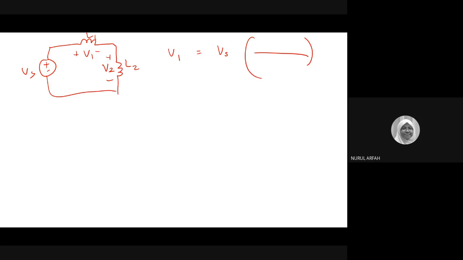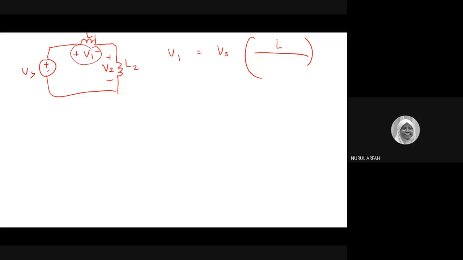Since the inductor will have the same rules as the resistor, you just follow the voltage divider for resistor. L1 over whatever is in series with L1, you should add it together. So L1 plus L2. And what about the sign? You look at the positive sign here and the positive sign here, you have a positive.